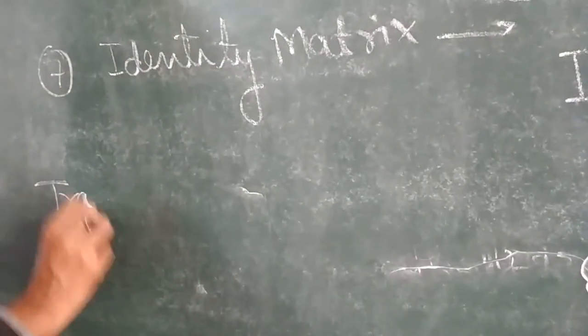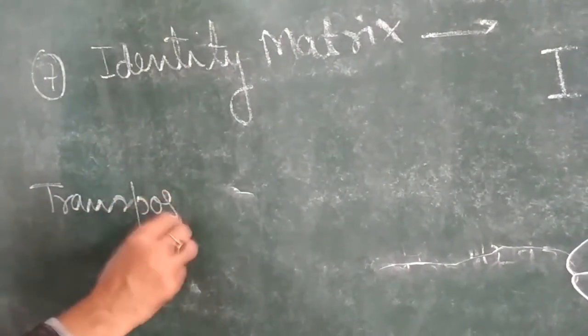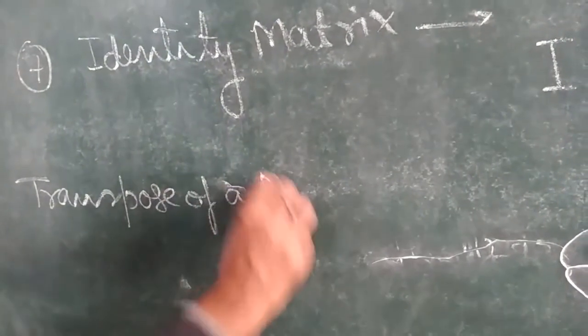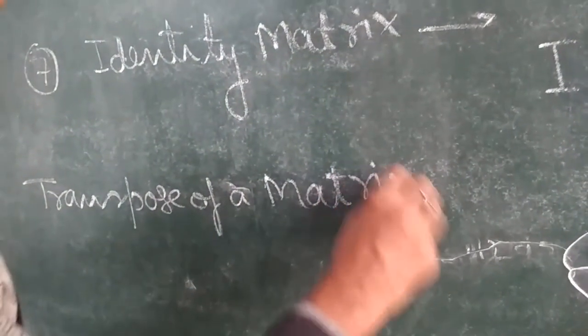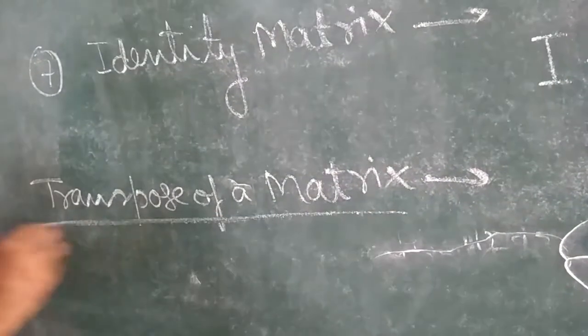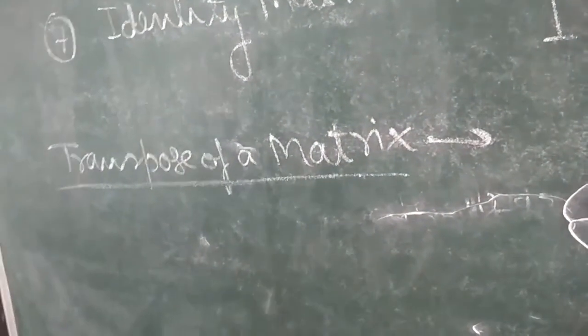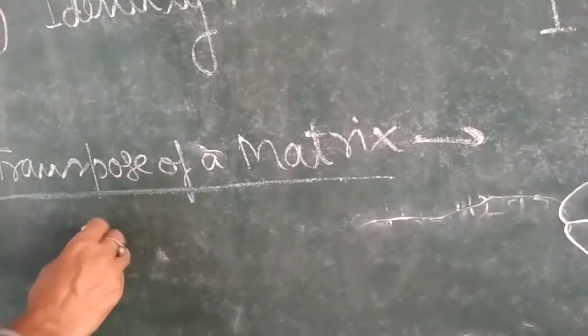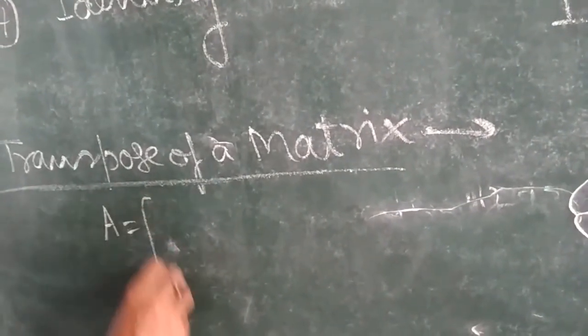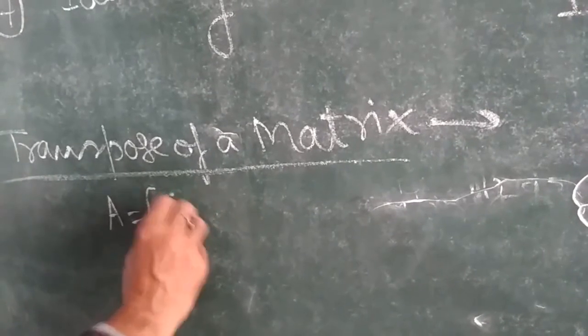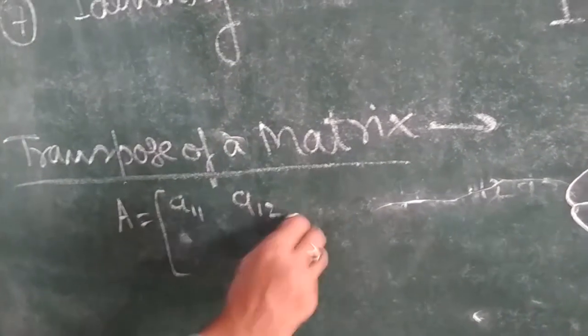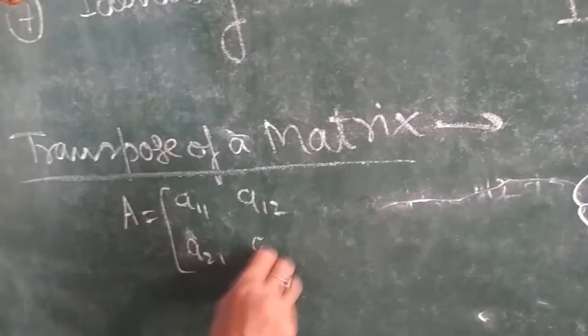Now I come to the transpose of a matrix. Transpose of a matrix means we have to interchange the columns into rows and rows into columns. Suppose you are given a matrix A like A11, A12, A21, A22.